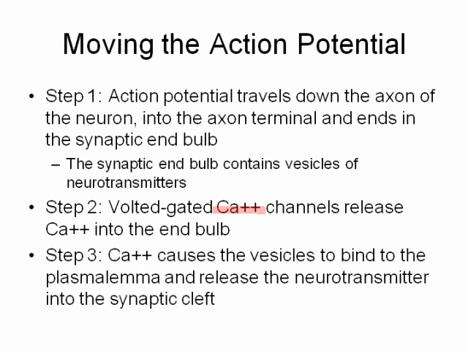That releases calcium into that synaptic end bulb. That calcium binds to those vesicles that contain the neurotransmitter. It binds to that vesicle, which forces the vesicle to open, and it releases, in this case, acetylcholine, but it's going to release that neurotransmitter.